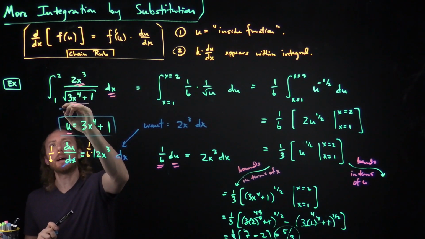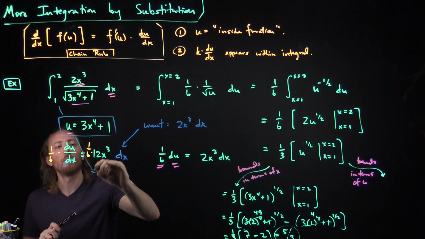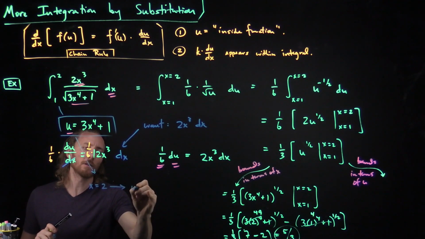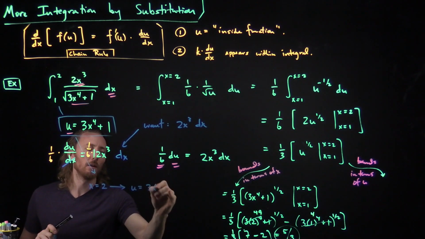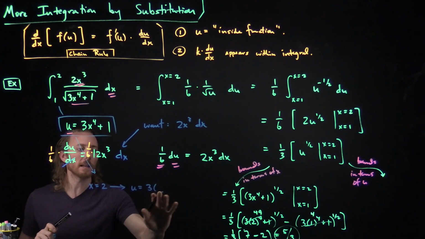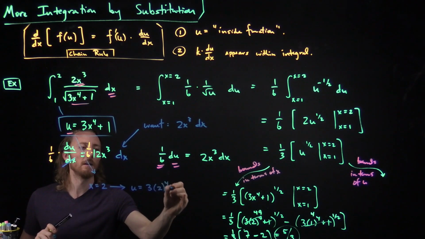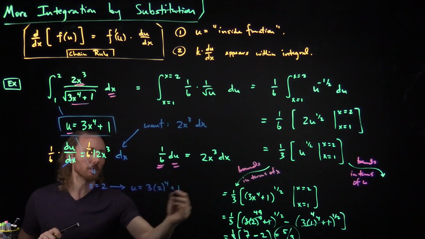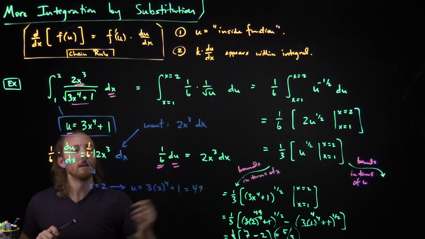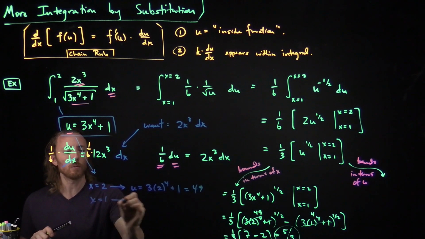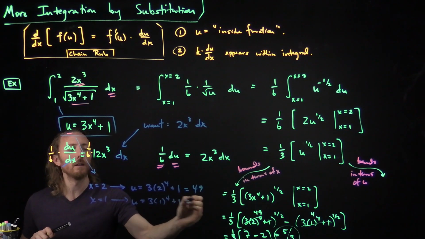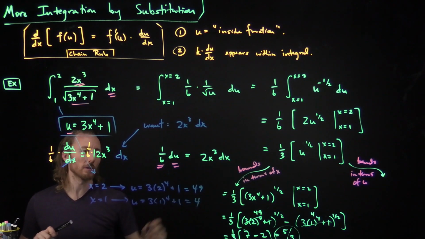So if we take our bounds and work them out, our bound of x equals 2 would correspond to u equals 3 times 2 to the fourth plus 1, which is 3 times 16 plus 1, which is 49. And for x equals 1, u equals 3 times 1 to the fourth plus 1, which is 3 times 1 plus 1, which is 4.